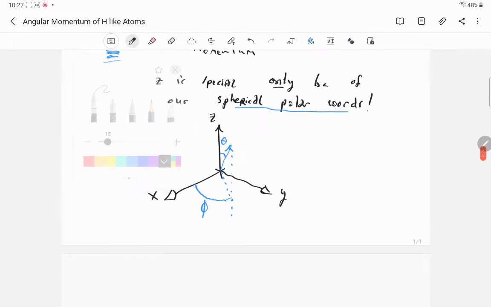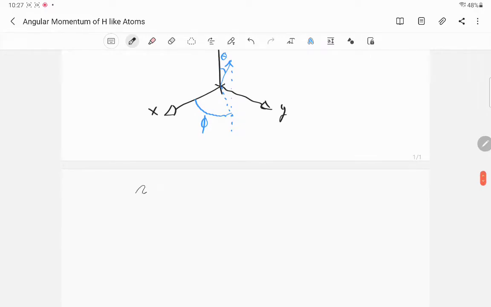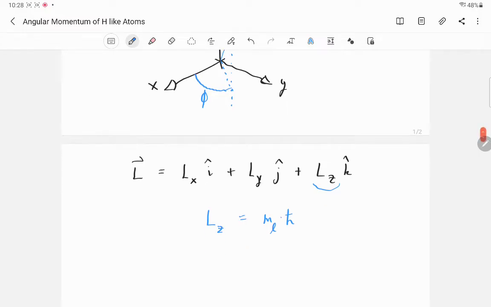So let me say how m sub l is related. The angular momentum vector is a vector, so it's got an x component. I'll use the unit vectors i hat, j hat, k hat. So it's got a y component, and it's got a z component, right? And m sub l is about this value: L sub z equals m sub l multiplied by h bar.